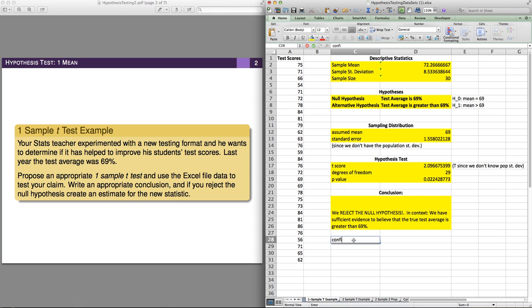So what we want to build now is a confidence interval. The confidence interval is based on our sample information. We want a 95% confidence interval.